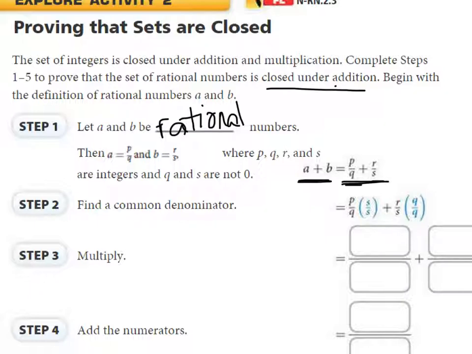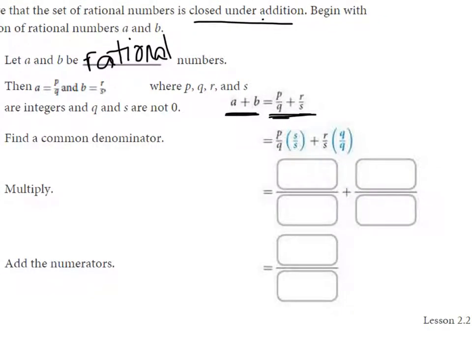But I can't just change the bottom, I also have to change the top. So the first fraction, I need to introduce an s, so I get ps on top and qs on the bottom. The second fraction needs a q, so I have rq, or qr preferably, and I'm going to write it as qs on the bottom instead of sq.